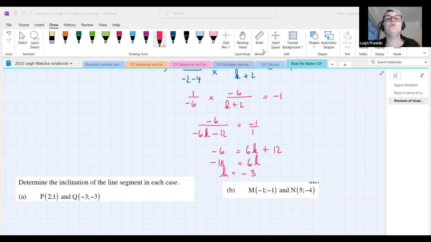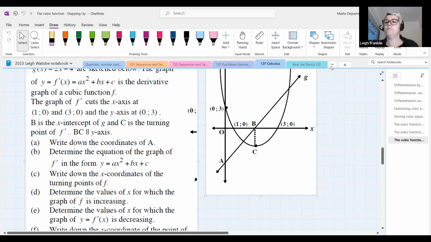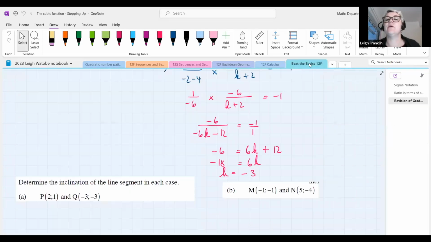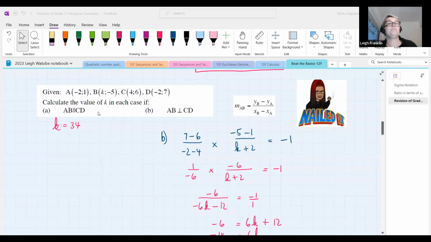Okay, Unati, we'll talk about that now. Let's just see who else had a hand up. Amahle? Ma'am, for question A, the way we got to the answer of 34, am I right in saying that you had to do the gradient formula, and you have to do 2, so the gradient of AB is going to be equal to the gradient formula of CD?